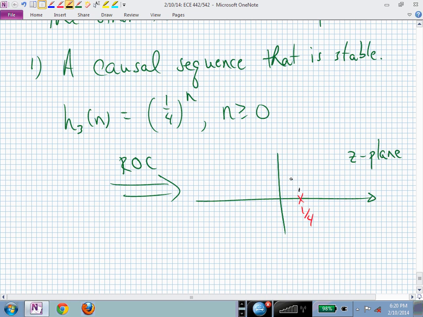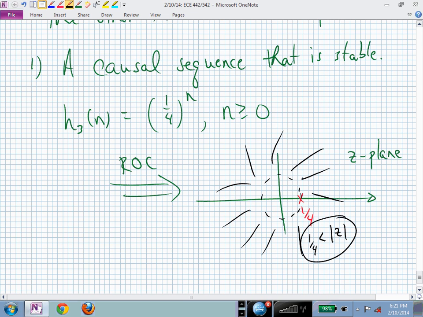I'll do the hard part. All right? So it's somewhere. 1/4 is either interior or outside that dashed line. If it's causal, what do we know that region of convergence needs to be? Outside. So now we know that the region of convergence is such that the magnitude of z is bigger than 1/4.